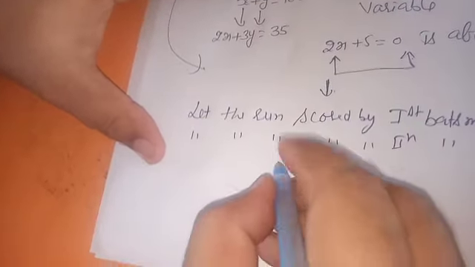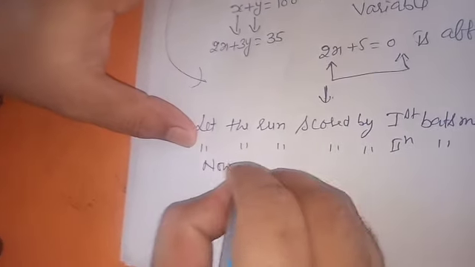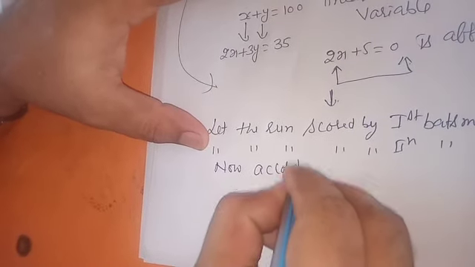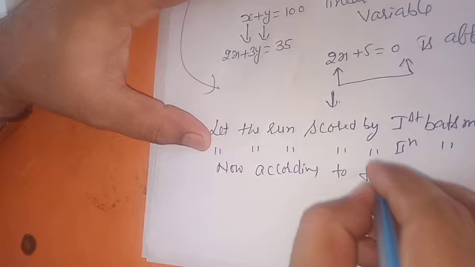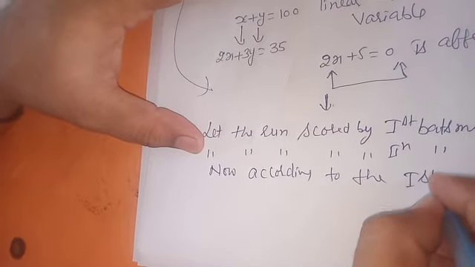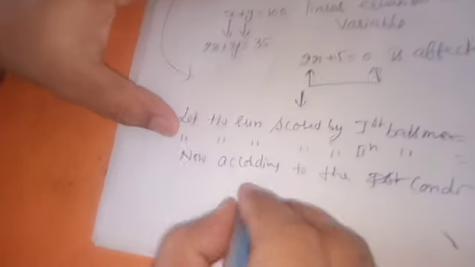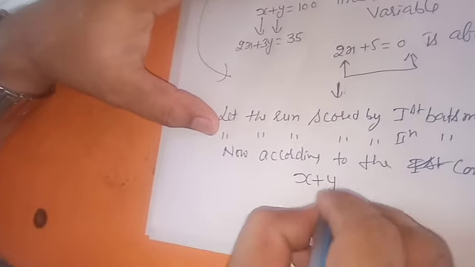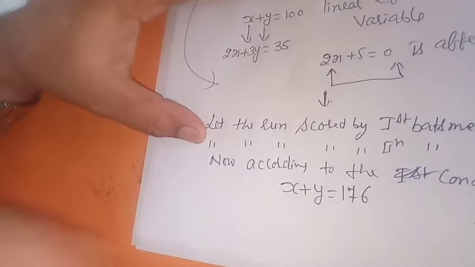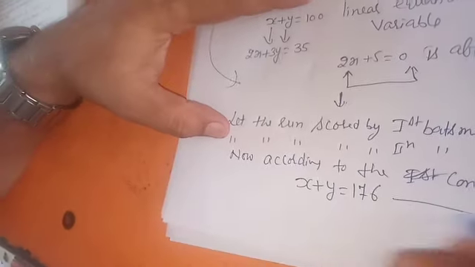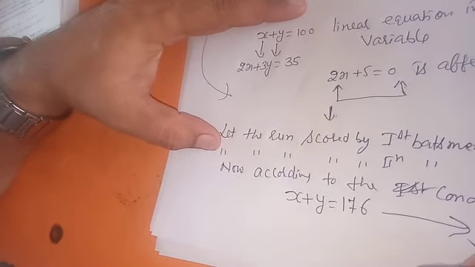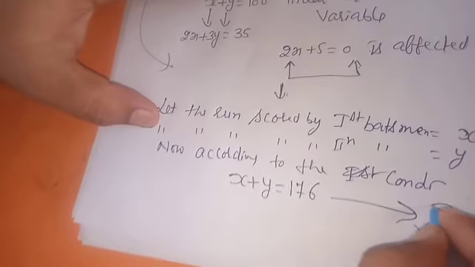So this becomes a linear equation also. Now what? According to the condition, what saying? Both scored how much? 176 runs. This is a linear equation in how much variable? 2 variable.